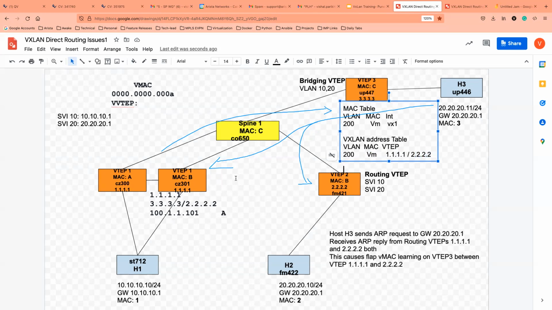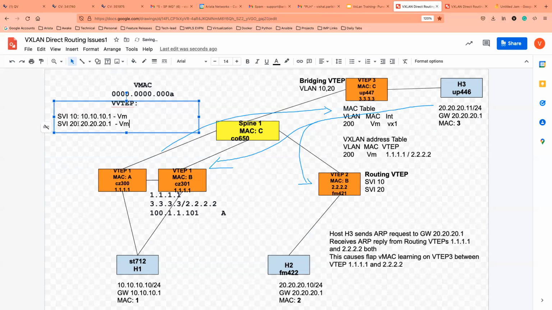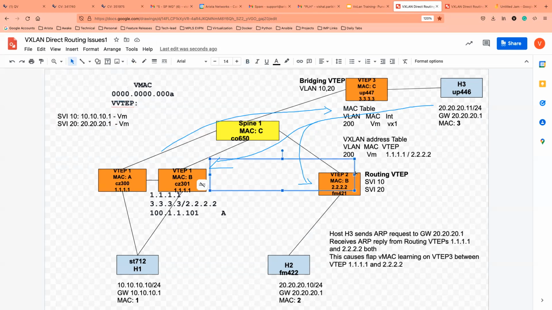And think about anycast gateway. You have configured it where all the VTEPs are continuously sending gratuitous ARP. What will happen? Basically they are sending, hey, 10.10.10.1 is associated with VM, the virtual MAC. It will also send 20.20.20.1 is associated with VM. So all the VTEPs are continuously sending gratuitous ARP. What that means is that on this bridging VTEP, you keep on changing this for all the VLANs.